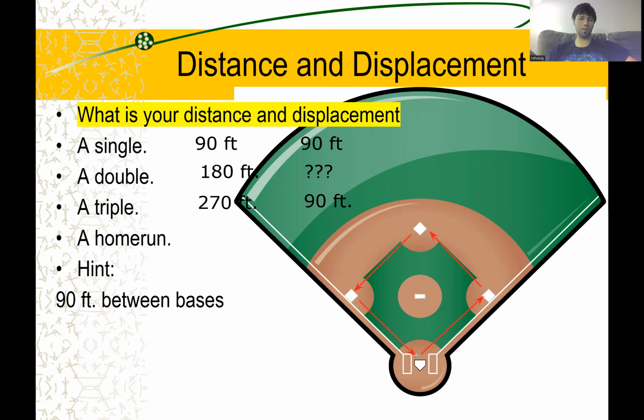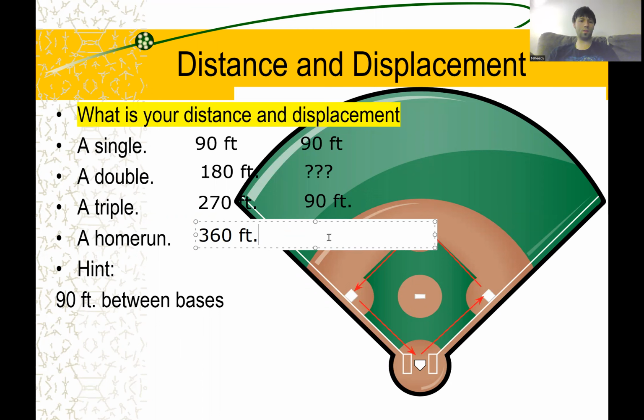That's where you actually score a run. So you've traveled across all four bases. So 90 times 4 is going to be 360 feet. Not asking you guys to do this math by hand, by the way. I definitely encourage you to use calculators if you can't do it in your head.